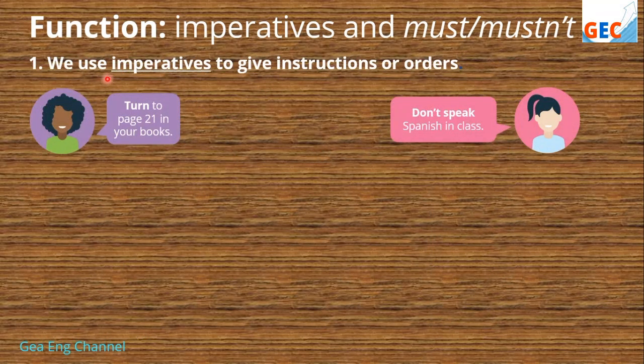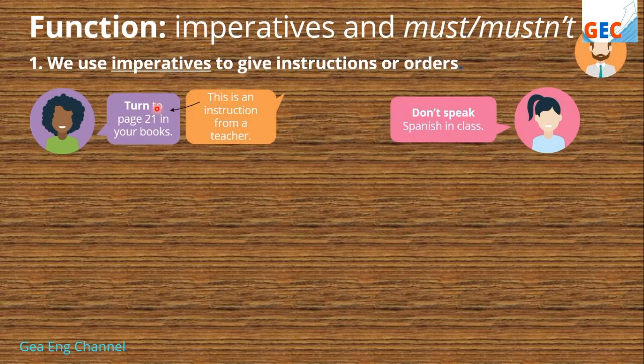So we use imperatives to give instructions or orders, as you see in these statements. Turn to page 21 in your books. This is an instruction from a teacher. And don't speak Spanish in class. This is also to give instructions or orders.